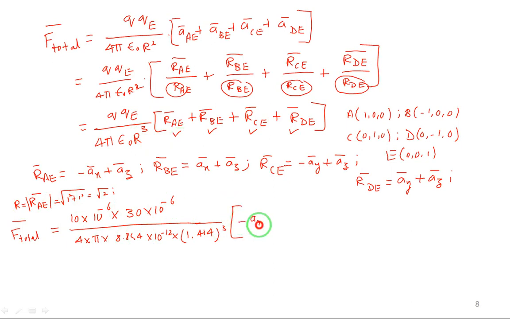Then RAE is minus AX plus AZ. RBE is plus AX plus AZ. RCE is minus AY plus AZ. RDE is AY plus AZ.